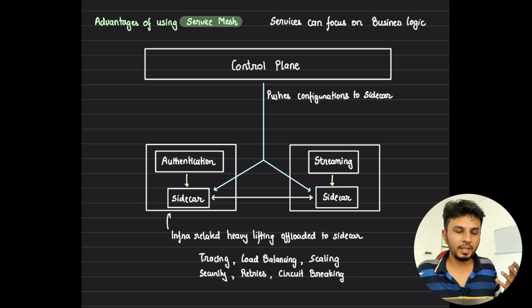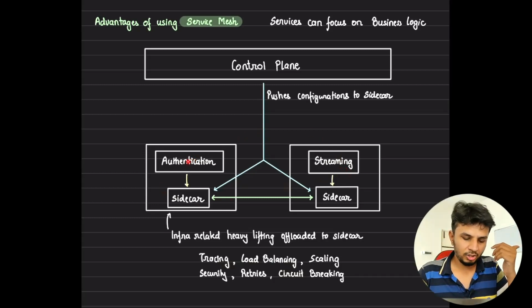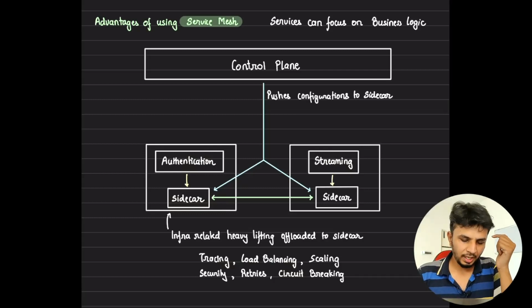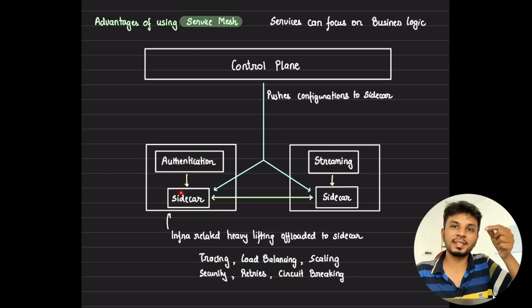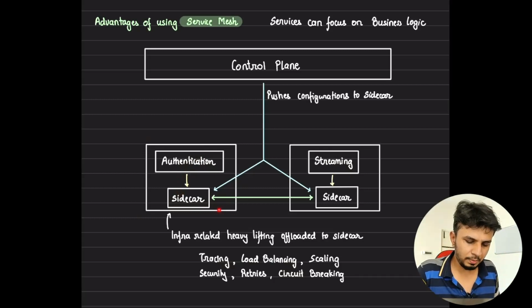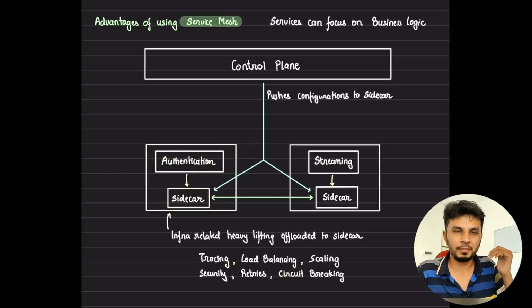For example, if your authentication service wants to talk to your streaming service, the authentication service will not directly talk to the streaming service. Instead, it will talk to the sidecar running very close to itself. Like, if this is one machine, you'll have one process that runs your authentication business logic and another process that runs your sidecar.